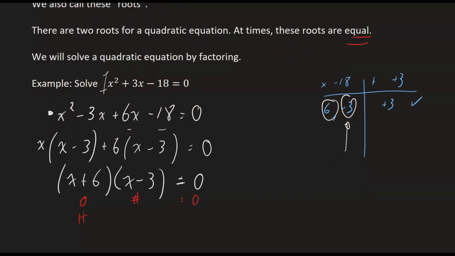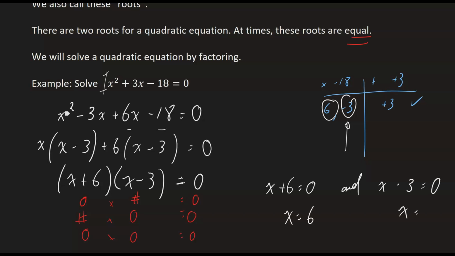We can also have some number times 0. That'll get us a 0. Or we have 0 times 0, which gets us a 0. So we have two possible solutions. We have to set each of these two binomials equal to 0. We say x plus 6 equals 0 and x minus 3 equals 0, and solve: x equals negative 6, x equals 3.